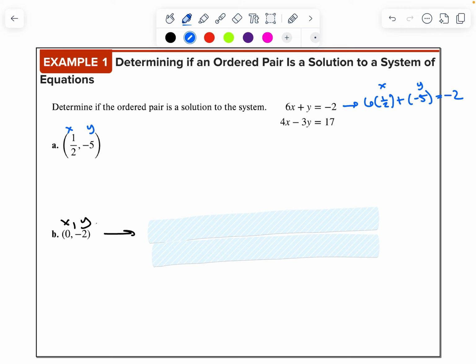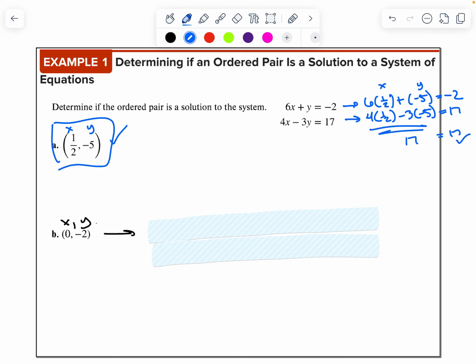Let's check that in the calculator and see if it works. It seems that it does. In the second, we would say 4 times 1/2 minus 3 times -5 equals 17. So what I'm doing is typing the left side in the calculator here. And it does give me 17, which does equal 17, right? And so this point, check, this is a solution.